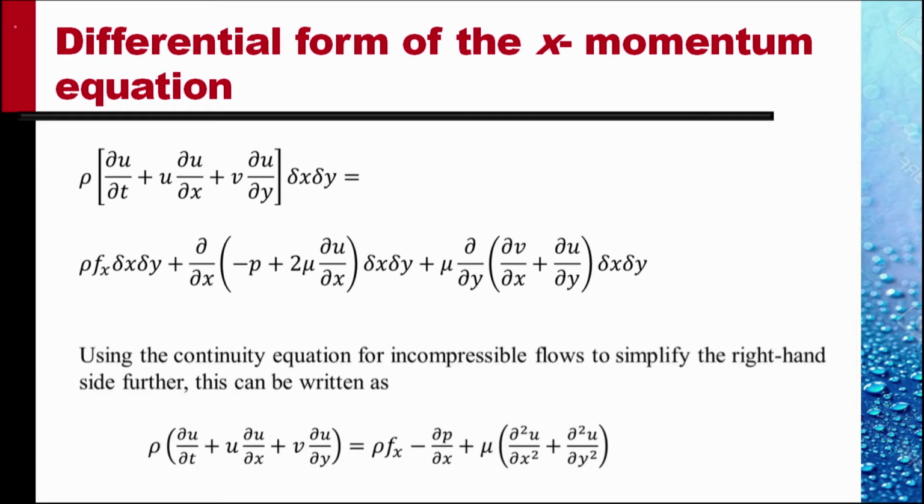And if we use the continuity equation for incompressible flow to simplify the right hand side further, this can be written simply as rho times del u by del t plus u del u by del x plus v del u by del y, equal to rho fx, the body force term, minus del p by del x, the pressure force term, plus mu times del square u by del x square plus del square u by del y square. This is the net viscous force term for all the surfaces combined.